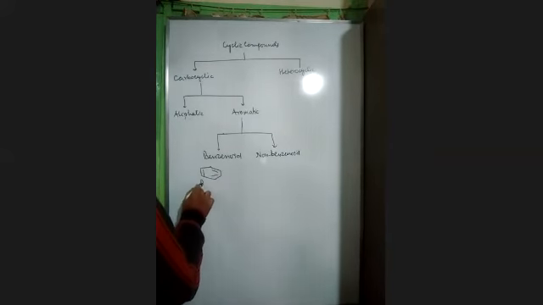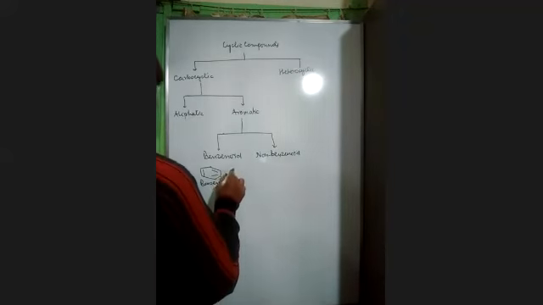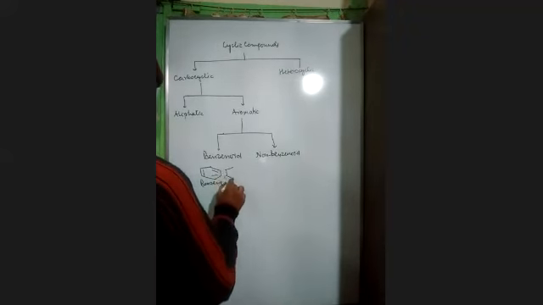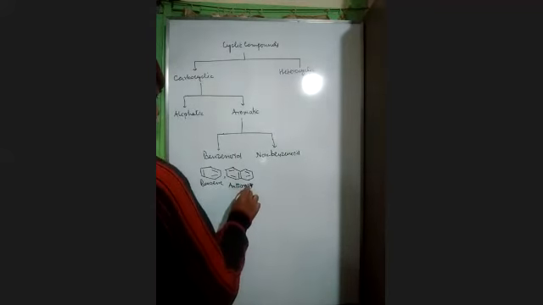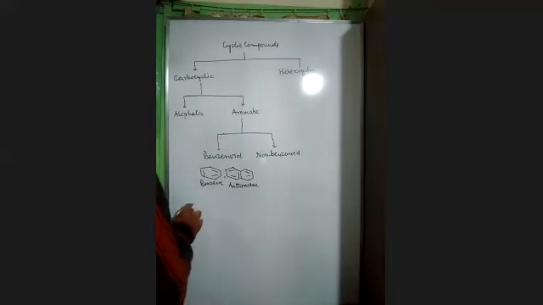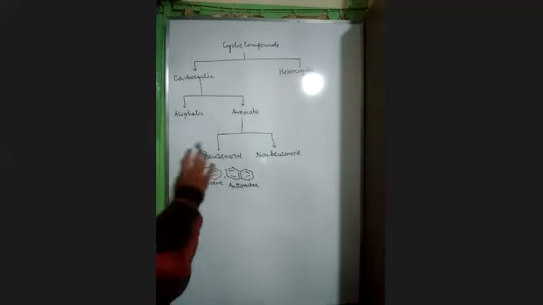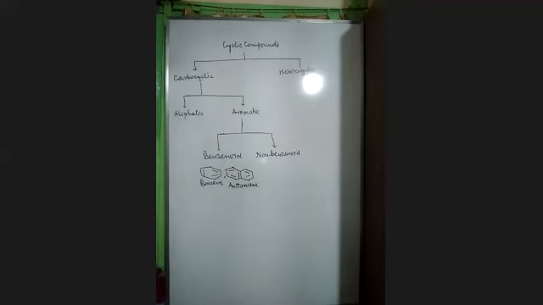This is benzene. Then this one contains 2 rings. We call this one anthracene. So these are all benzenoid.